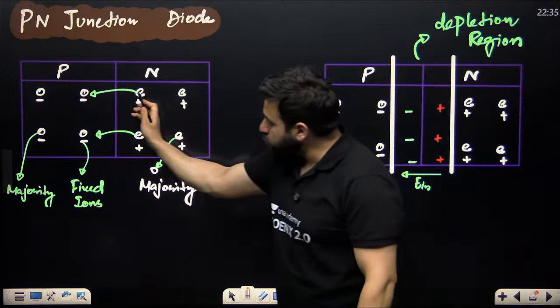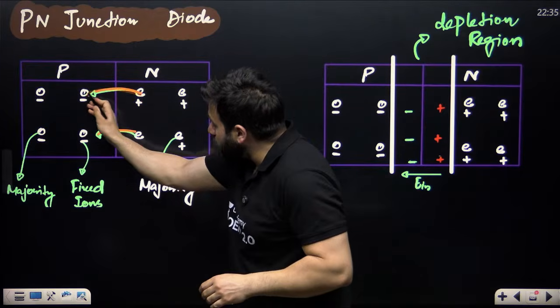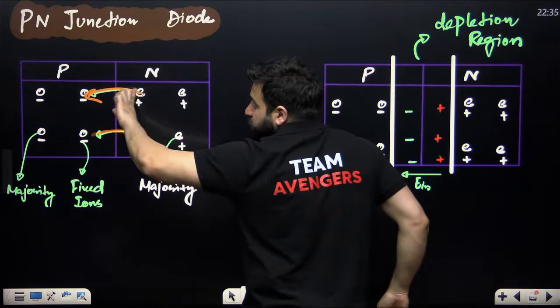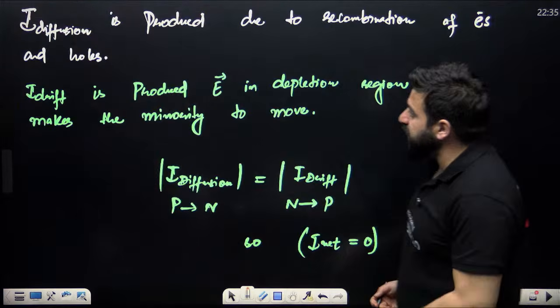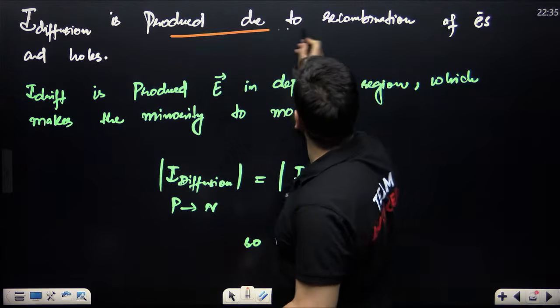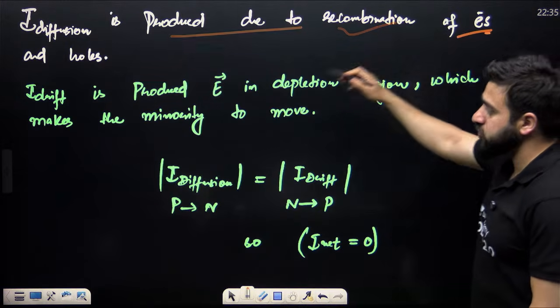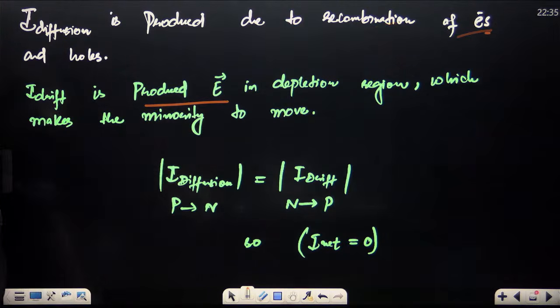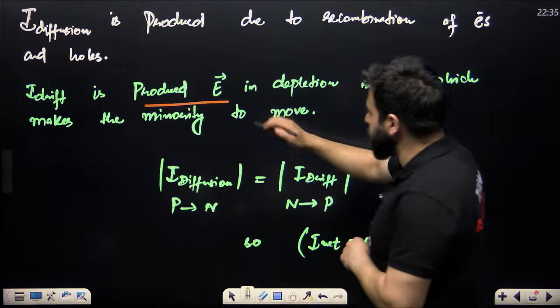When these electrons and holes recombine, electrons are moving from N to P, holes are moving from P to N. So due to this, diffusion current is produced due to the recombination of electrons and holes. And I drift is produced in this particular case.